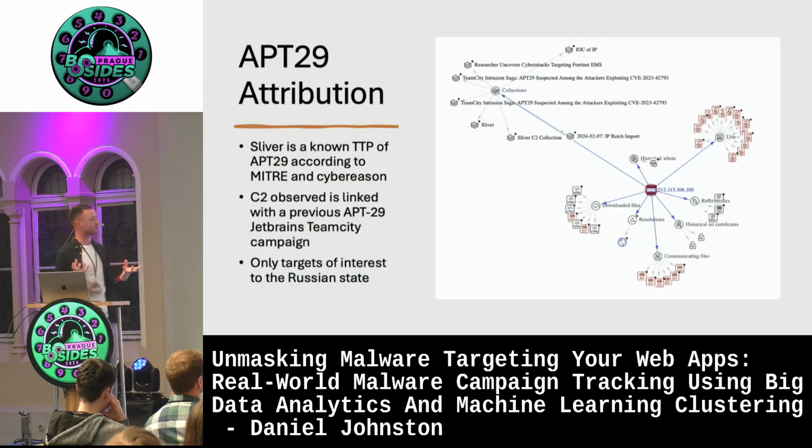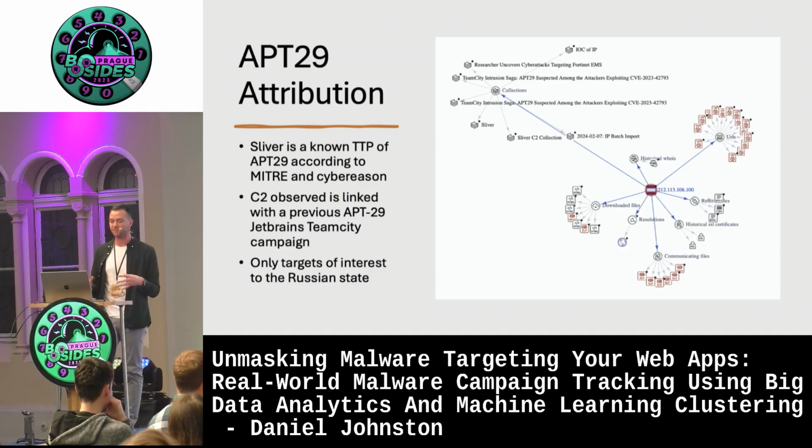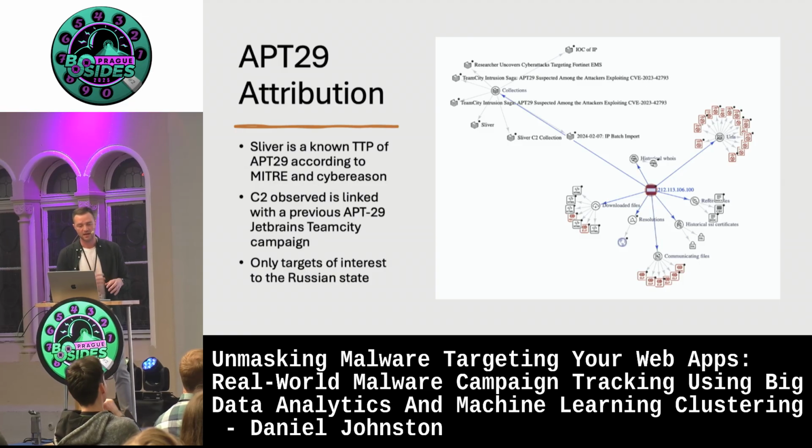So how is it that we were able to then attribute this activity to APT29? Well, there's three reasons. Sliver is a known TTP of APT29 according to MITRE and Cybereason, so it makes sense if they used those particular tools in the past, that they'd use it in this campaign as well. Secondly, the C2 that we observed is linked with previous APT29 JetBrains TeamCity campaign activity.